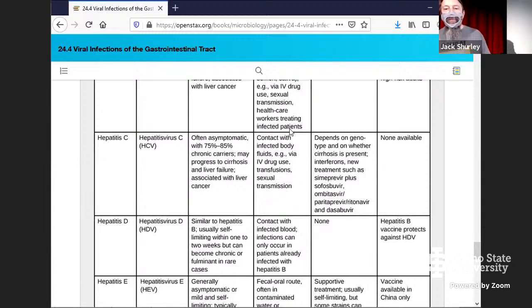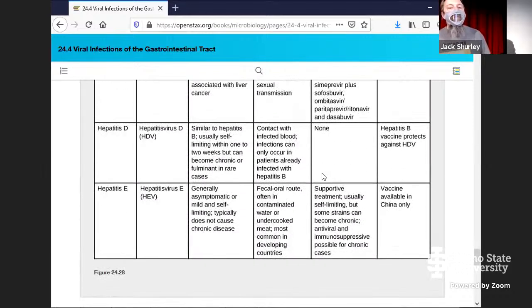All similar modes of transmission as type B. As far as treatment goes, it kind of depends on the different genotypes and whether or not we're seeing cirrhosis within the patient.